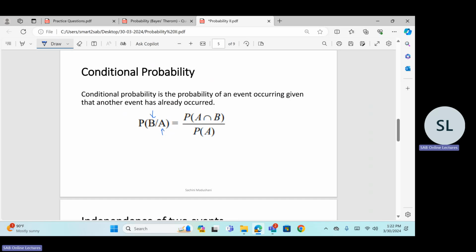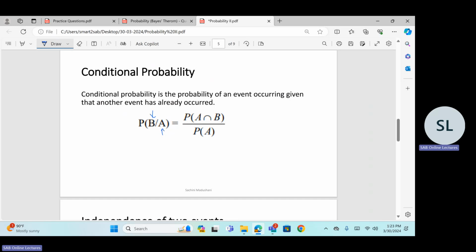Then it means we need to get the probability value of event B, not event A, occurring given that event A has already occurred. That is the meaning of conditional probability. We write it using the probability notation. We say B given A. A is the first event, B is the second event. Understood?